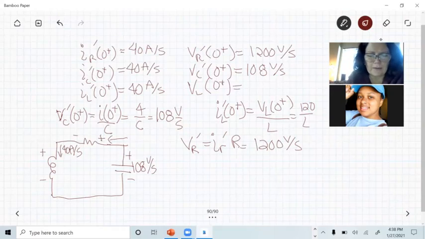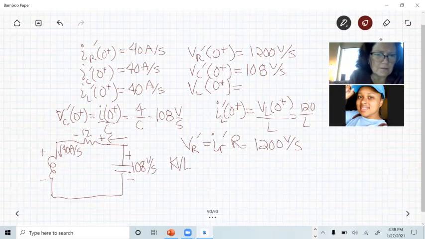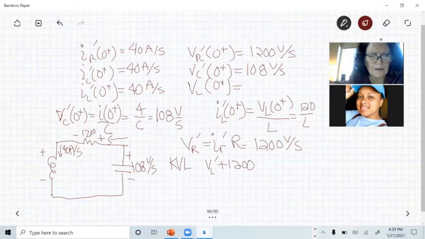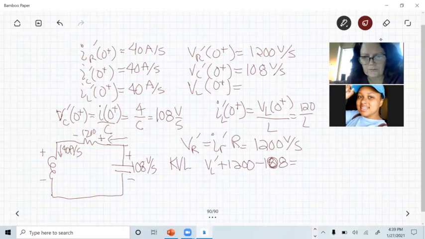I'm going to use KVL. If KVL is true, the derivative of KVL is true. So for the rates of change, we know this one is 1200. Going around the loop in this direction, I have VL prime, still going uphill, plus 1200, which is VR prime, minus 108, which is VC prime.